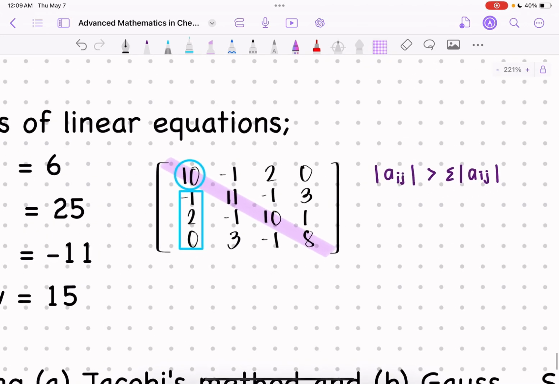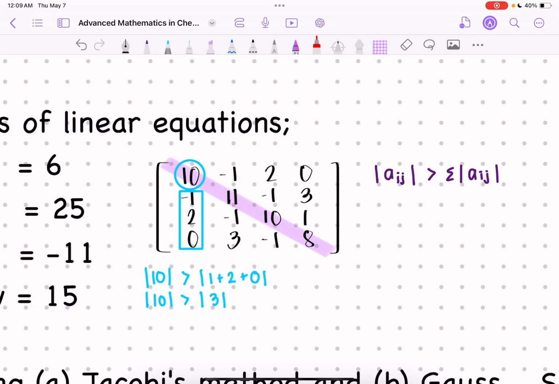So to check, the absolute value of 10 should be greater than the absolute values of our elements here. So that would be 1 plus 2 plus 0. And since this is correct, 10 is greater than 3. Then for our second column, that would be 11 is greater than 3 plus 1 plus 1.